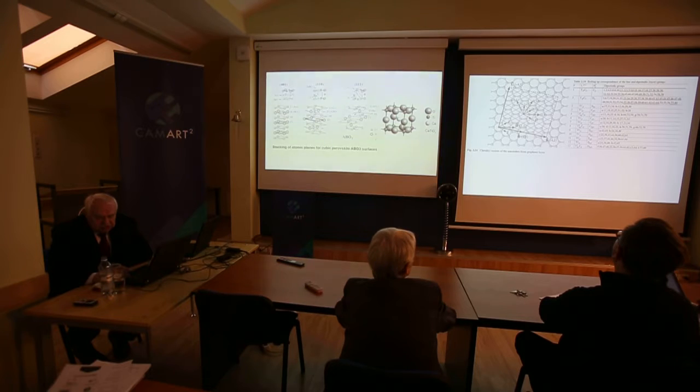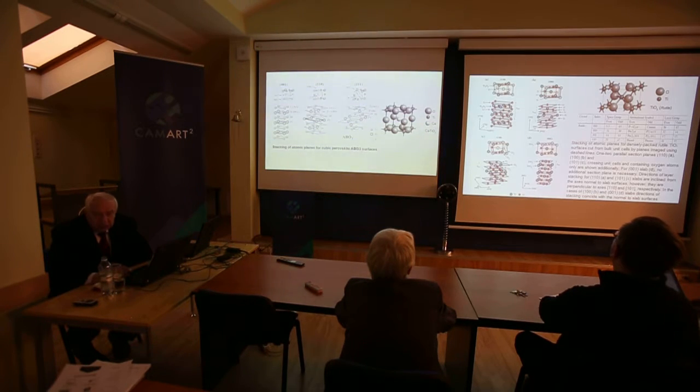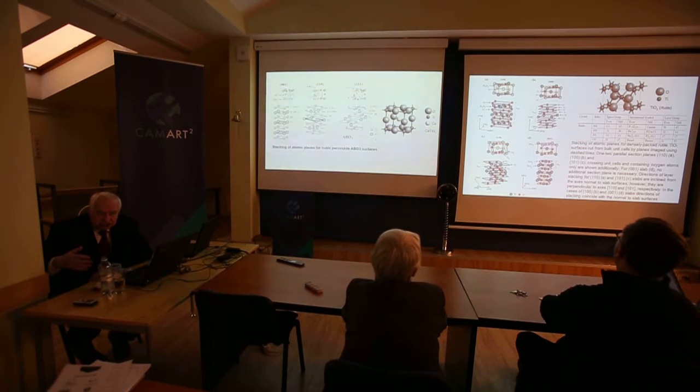For some general discussion, maybe it's not so important. But when you make calculations, it's important, because the more symmetry you use in your calculations, the faster these calculations are. Therefore, you need to know the layer group when you make calculations of the surface.